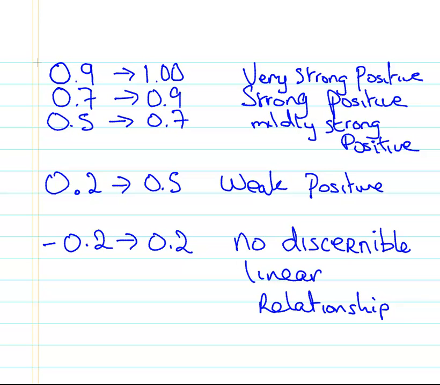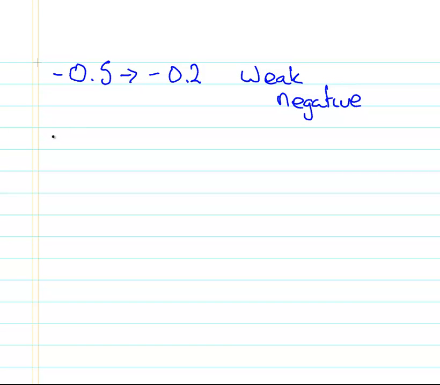Then we go in reverse, now on the negative side. Minus 0.5 to minus 0.2, weak negative. Minus 0.7 to minus 0.5, mildly negative.